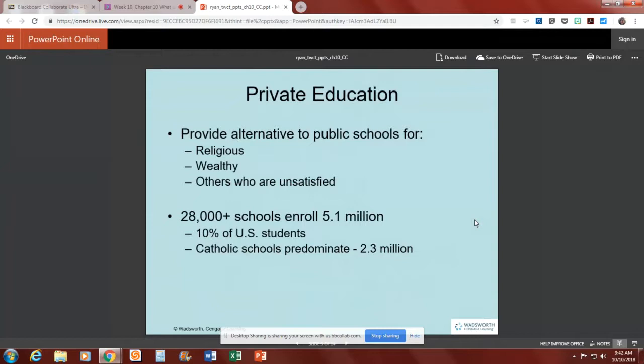All right, private education. This is going to provide an alternative for public schools. It could be for religious reasons. It could be maybe you just want a private education for your child and you're able to afford it, or others that are dissatisfied.